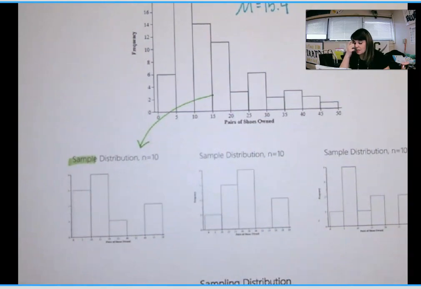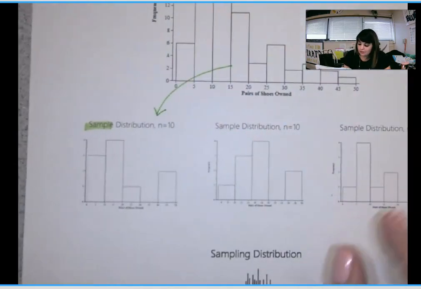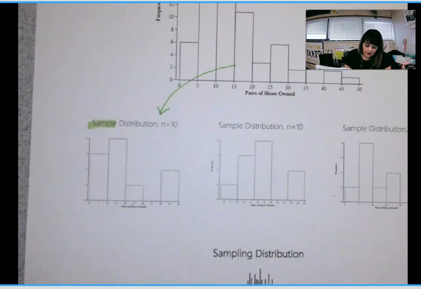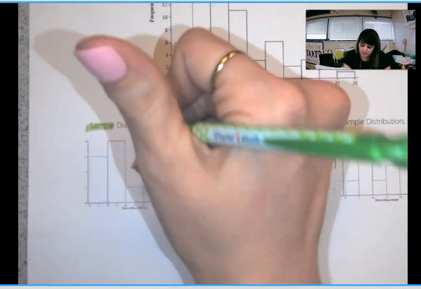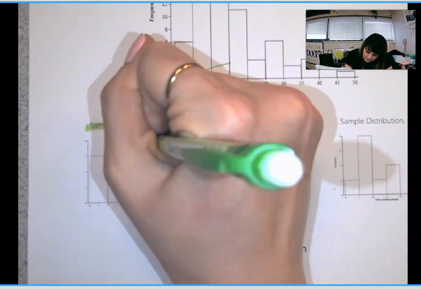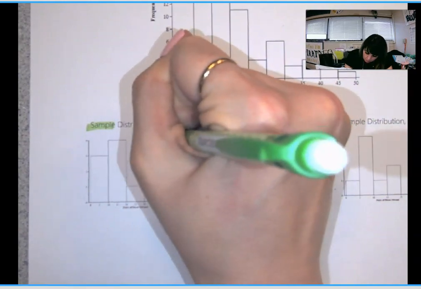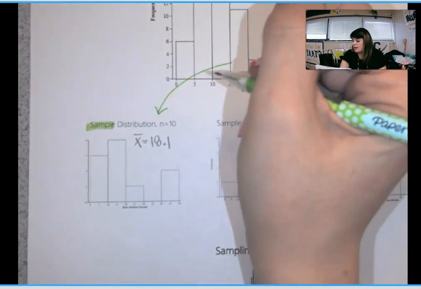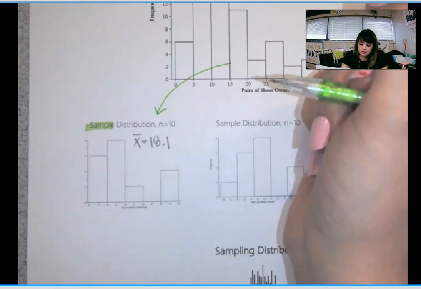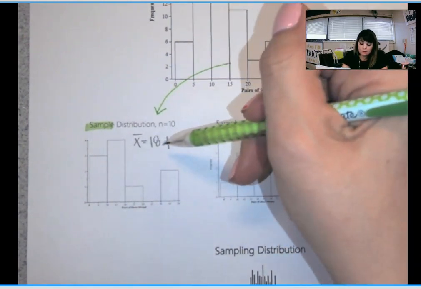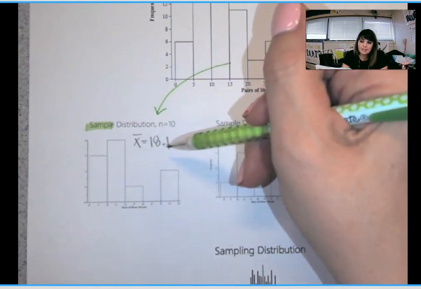Because this is a histogram, we can't calculate the average, so I will just give you the average. The average of these 10 students was 18.1 pairs of shoes. So my estimate for the population would be 18.1.